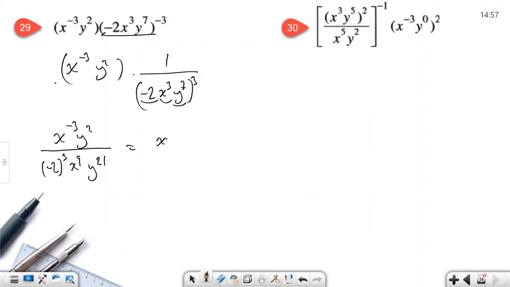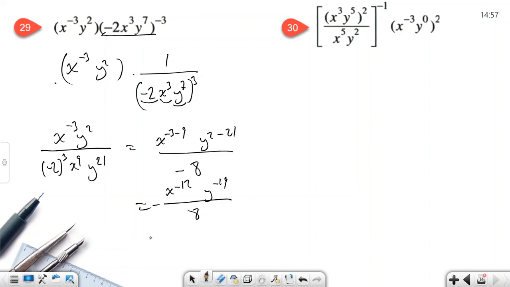Here x to the power of minus 3 minus 9, y to the power of 2 minus 21, over negative 8, because 2 cubed is 8, and negative 2 cubed is negative 8: negative 2 multiplied by negative 2 multiplied by negative 2. That's going to be equal to, here minus 3 minus 9, x to the power of minus 12, y to the power of minus 19 over negative 8.